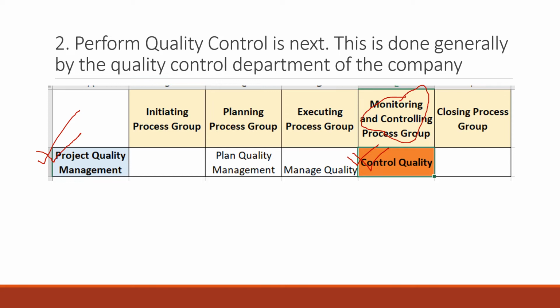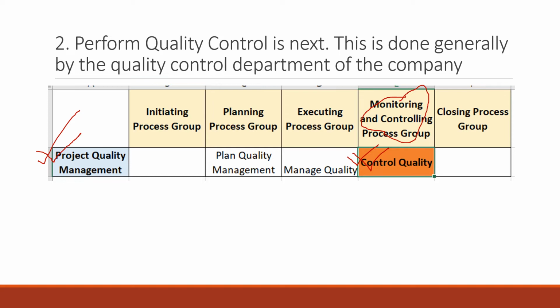You tend to think that all these processes in the PMBOK mapping go one by one, in sequence, but that's not the case. We talked about integration management in the previous slide, where the actual work happens, and this is the quality management knowledge area where you perform quality control on your project deliverables. This is something which happens next.